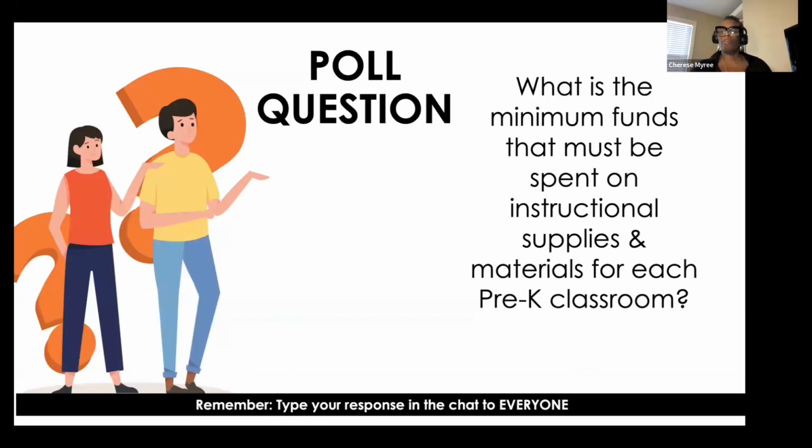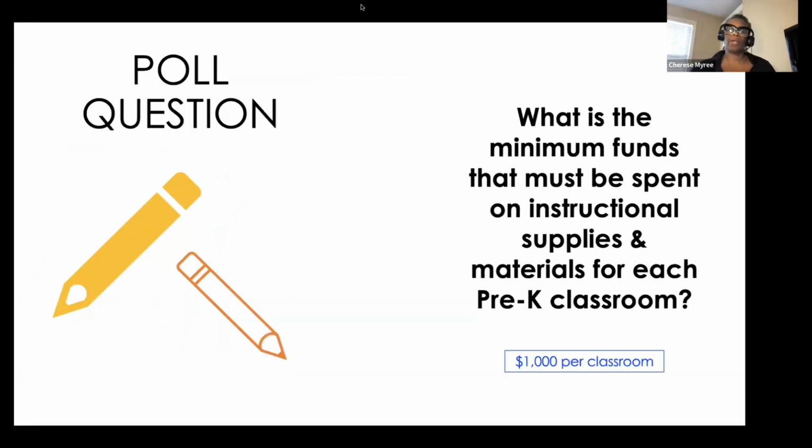What is the minimum funds to be spent on instructional supplies and materials for each classroom? Very good. $1,000 per classroom has to be spent on instructional supplies and materials, and you can find that in Appendix E.